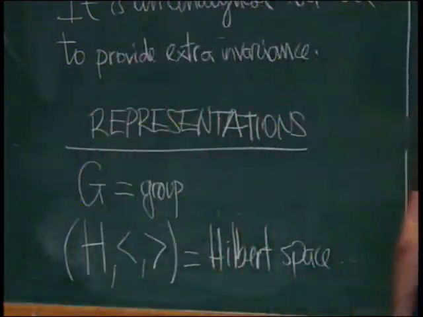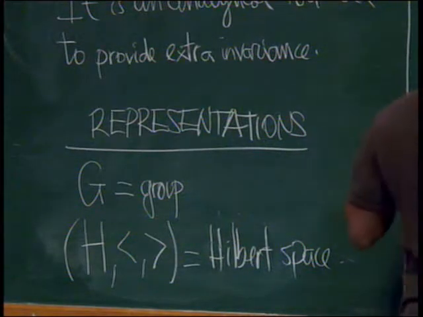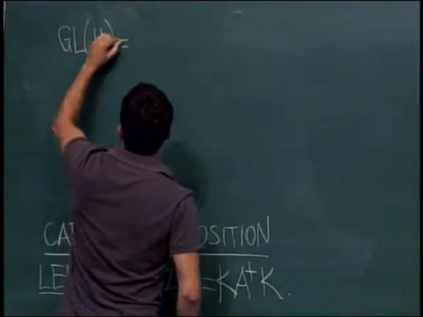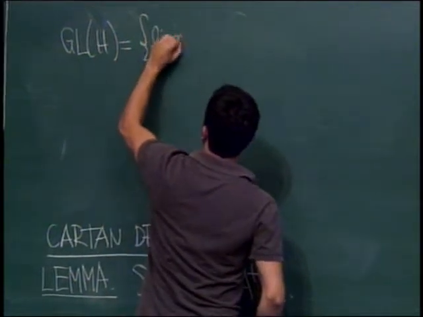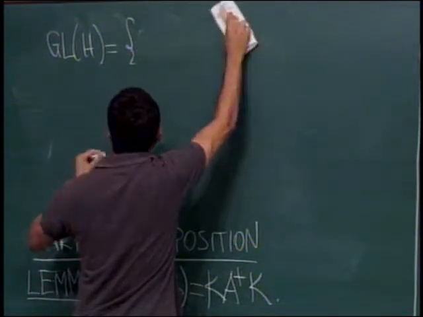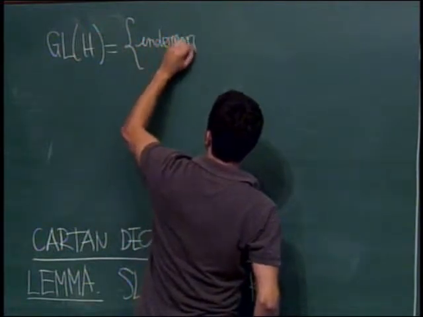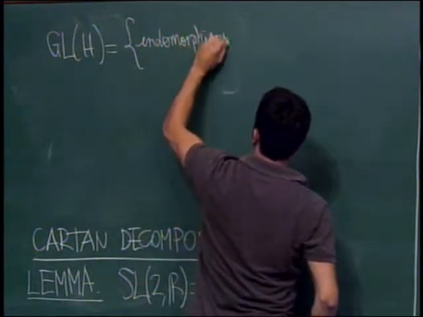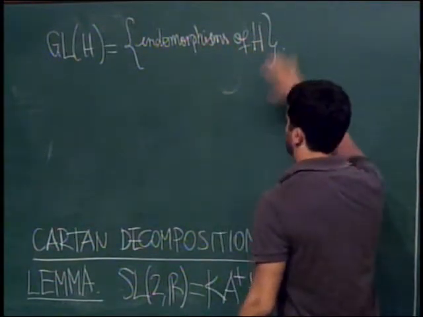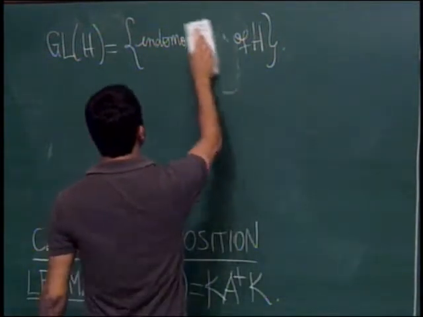And just to simplify the notation, let us denote all linear transformations on this Hilbert space by GL of H. So GL of H are the linear maps, let's call them endomorphisms of H. Okay? Not the endomorphisms, even better, the automorphisms.